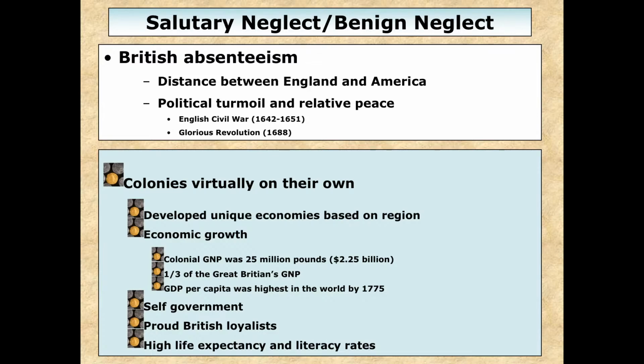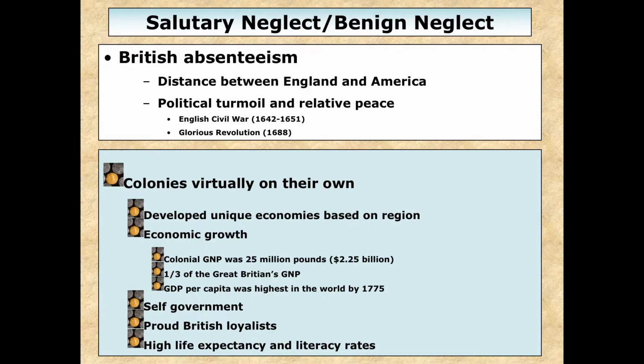And there's a lot of economic growth to be had here in the colonies. I mean, when we consider Great Britain and the colonies, they had a lot of money, a lot of income that they were generating. I mean, they were basically a third of Great Britain's GNP. So essentially the colonies were the big cash cow, the big money maker.